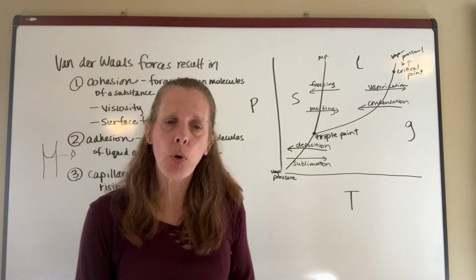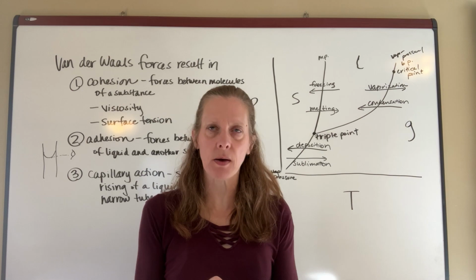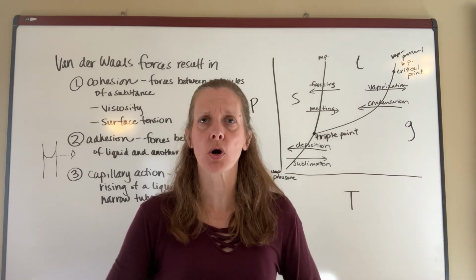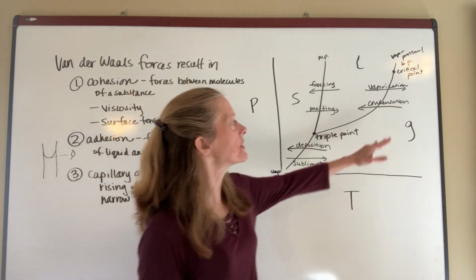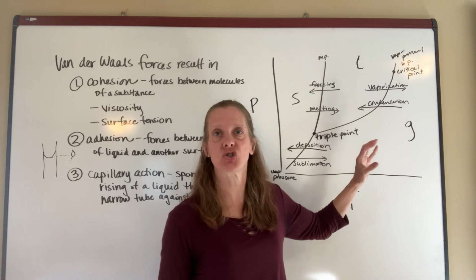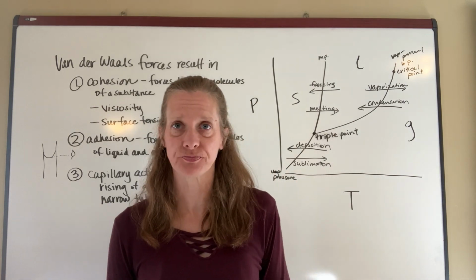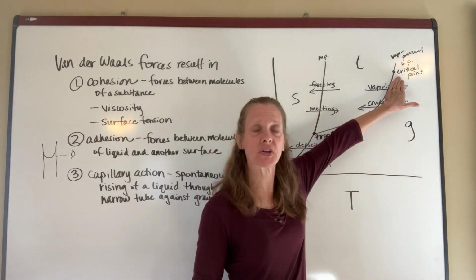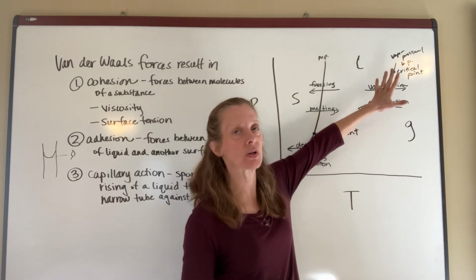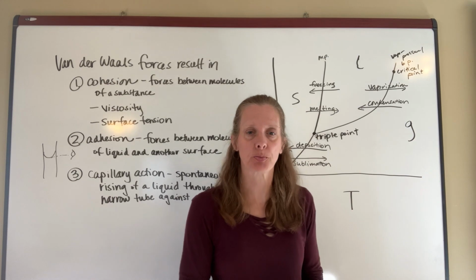And the critical point of a substance is the point at which no matter how much more pressure you apply, you cannot turn the gas back into a liquid again. It's just not possible, okay? So the critical point, once again, is the point where you can no longer turn the gas back into a liquid no matter how much you increase the pressure, okay?